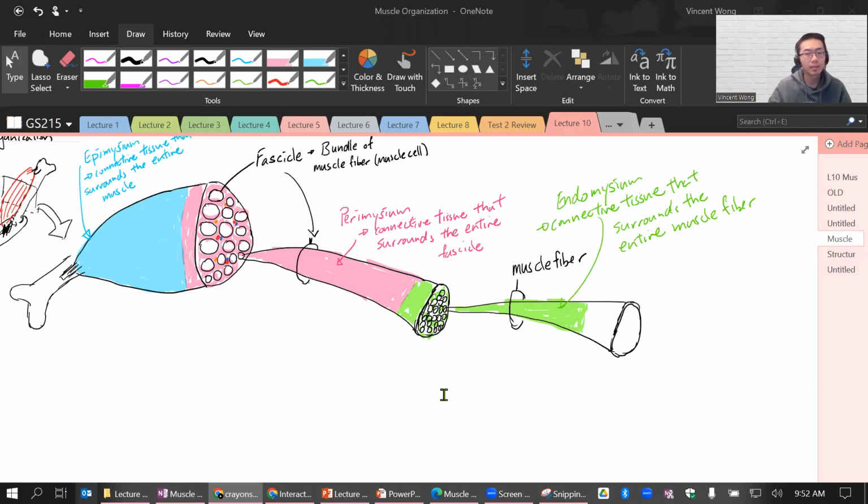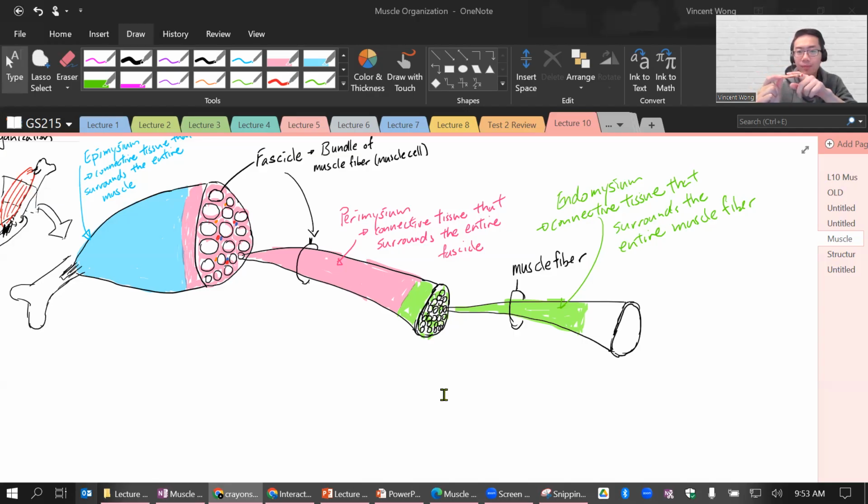Now I'm gonna pause here and try to explain this situation again with another analogy. Okay, so this is a crayon, right? You see the crayon has a little paper on it. So the crayon is like a muscle fiber. And what would the paper be?